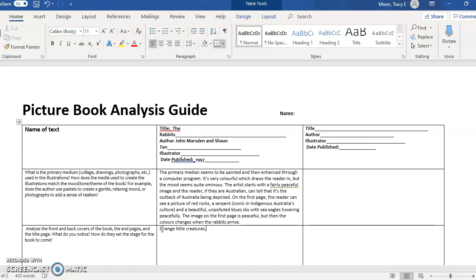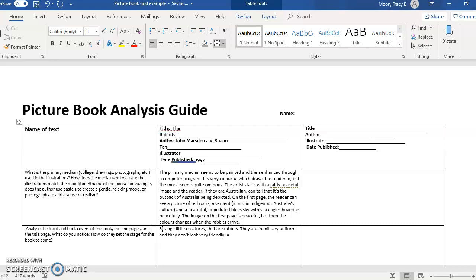Strange little creatures that are rabbits. They are in military uniform and they don't look very friendly.